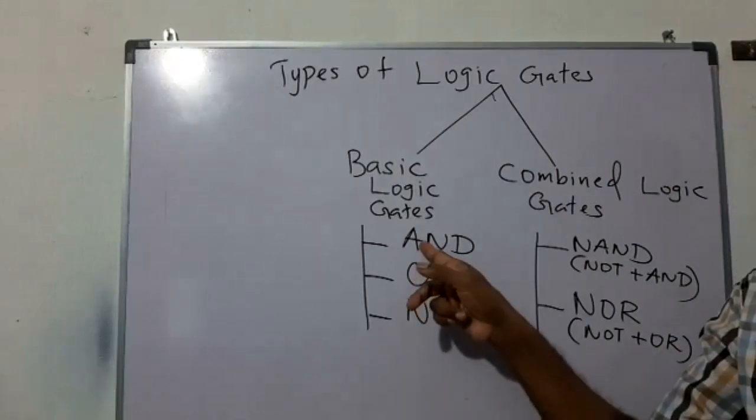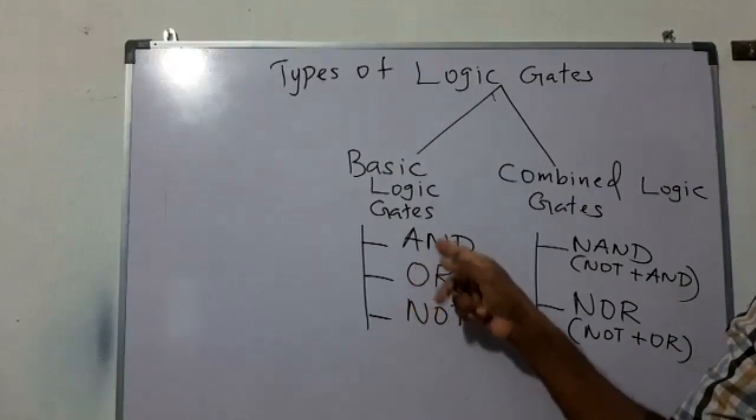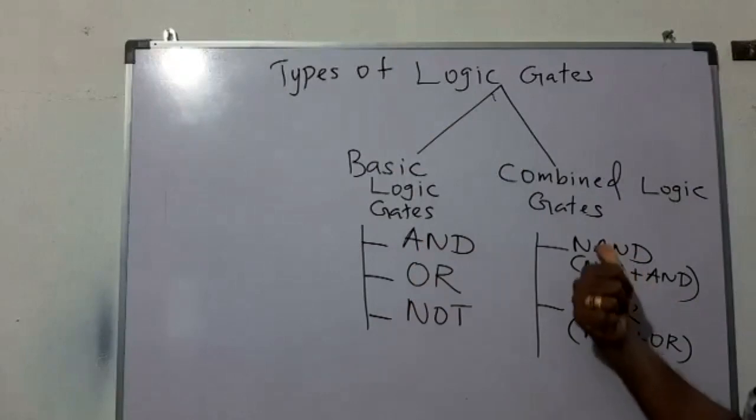Use block letters, capital letters. All the names must be capital, right? Including NAND and NOR.